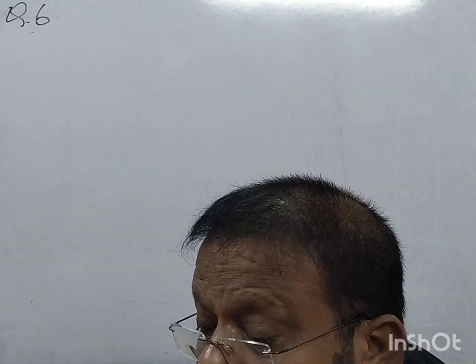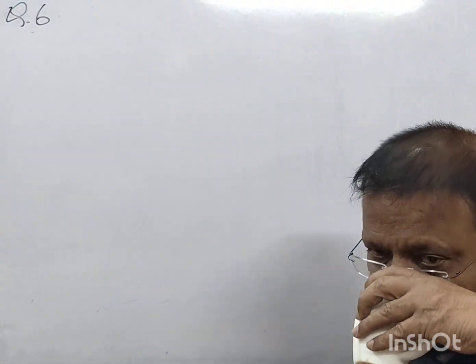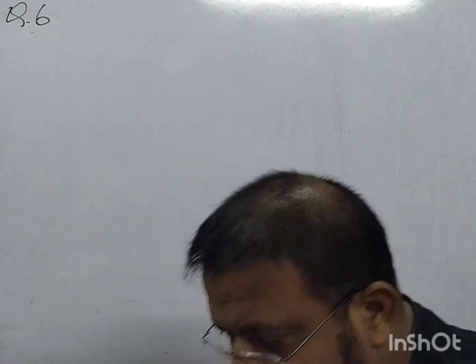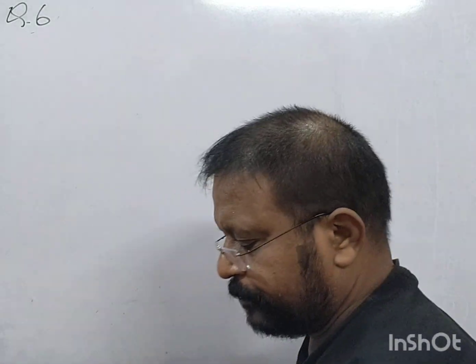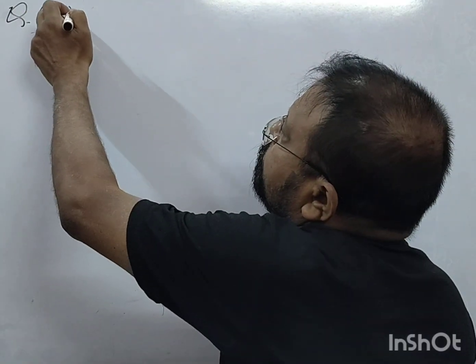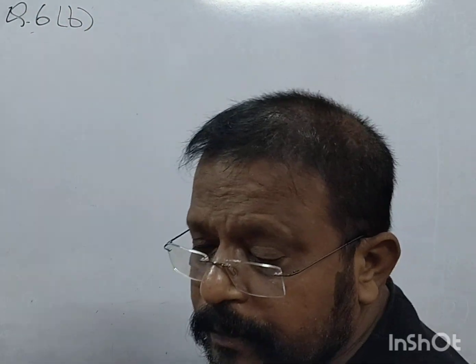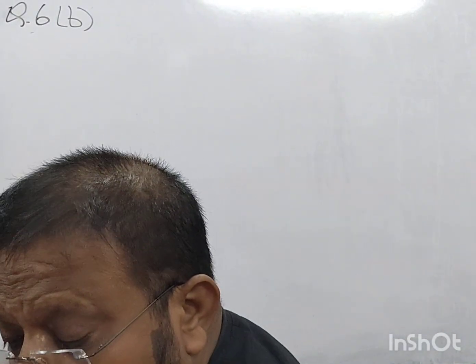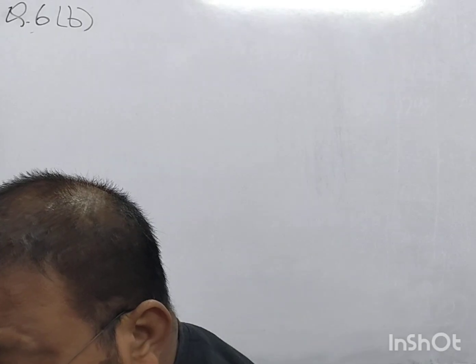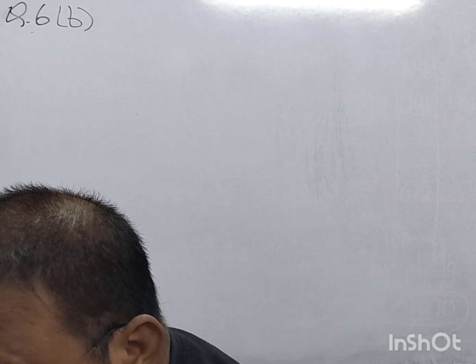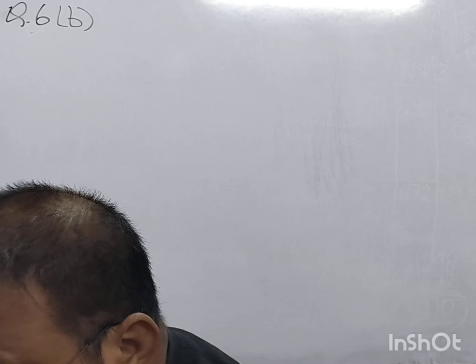Six B. What is it? Part B. What is it saying? The sum of certain number of terms in arithmetic progression is 65.